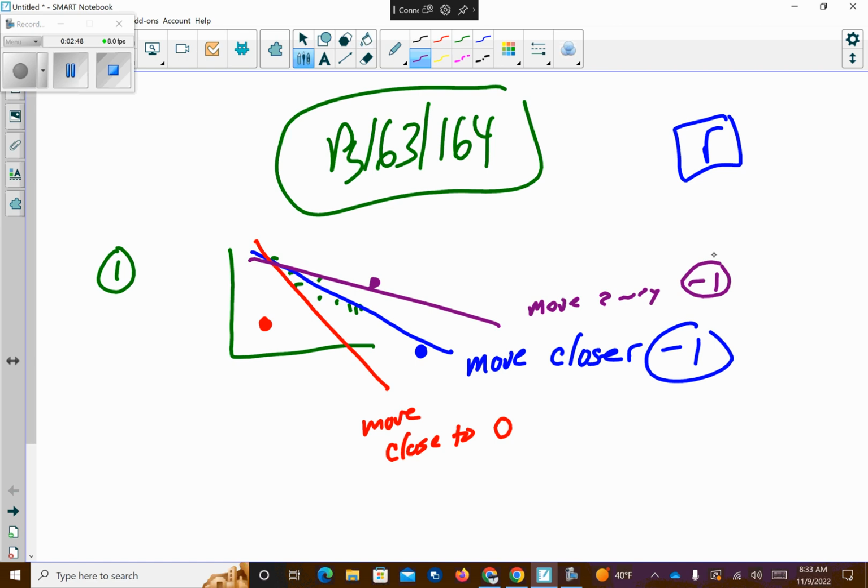If we were to remove this point, it appears that it's slightly out of it, so if this was gone, this would increase our strength, meaning it's going to move closer to -1. So there are definitely some outliers there.